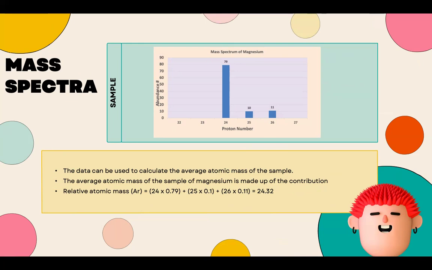The average atomic mass of the sample of magnesium is made up of the contributions: relative atomic mass, which is Ar, equals 24 times 0.79 plus 25 times 0.1 plus 26 times 0.11, and you get the average or relative atomic mass of about 24.32.